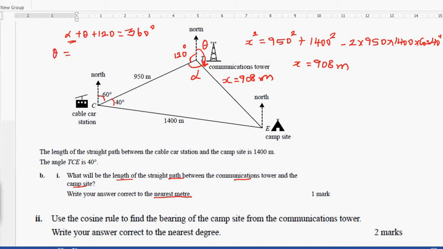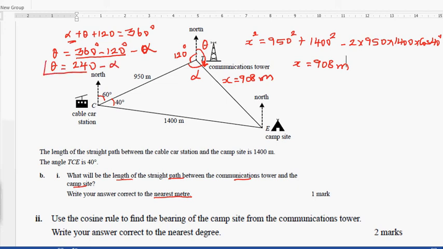So theta is 360 degrees minus 120 degrees minus alpha. So theta is basically going to be 240 minus alpha, since 360 minus 120 is 240.